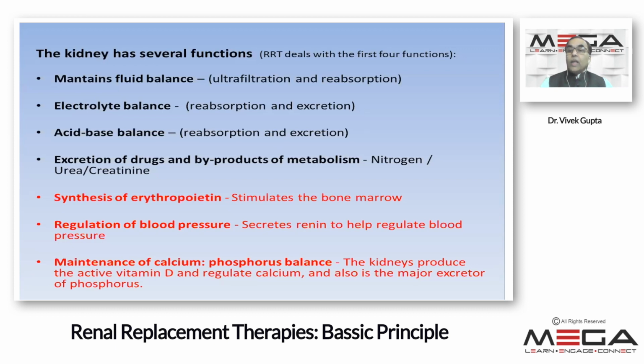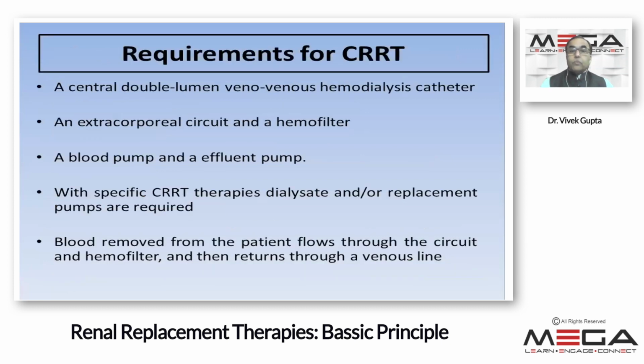Moreover, the kidney has a unique function: reabsorption of fluid as well as certain solutes is possible with the kidney, which we cannot achieve with any kind of renal replacement therapy.